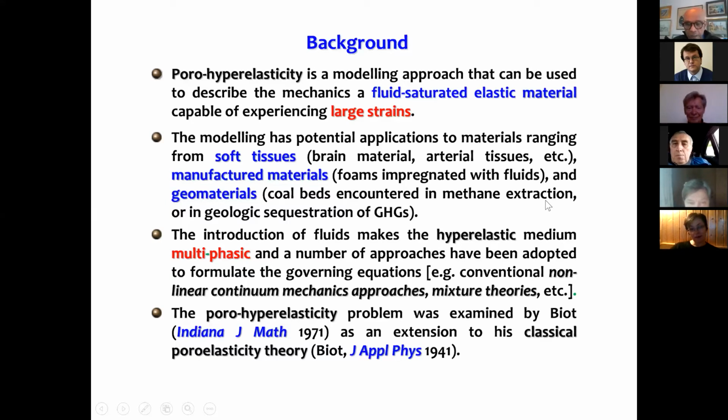For the people interested in oil and gas exploration, the coal that's left behind is a good location for putting greenhouse gases. So climate change problems can also be addressed.